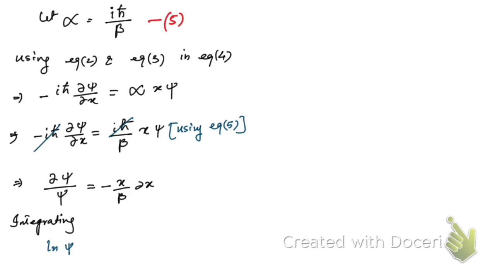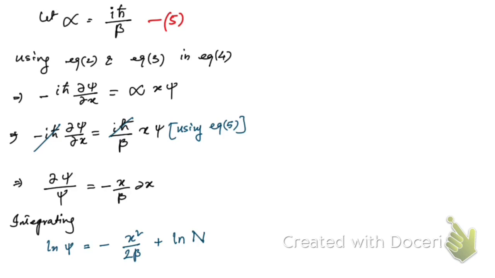On the other side, the integration of x dx is nothing but x square by 2, and here we have beta also, and we need an integrating constant. Since it is in the form of log, let me write the constant as ln capital N. This is the integrating constant.